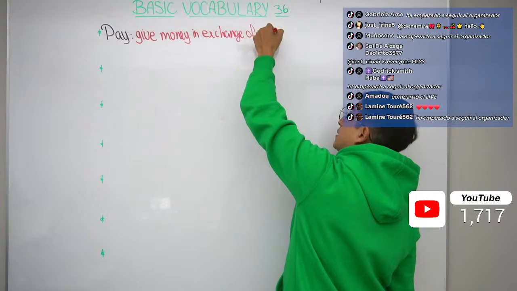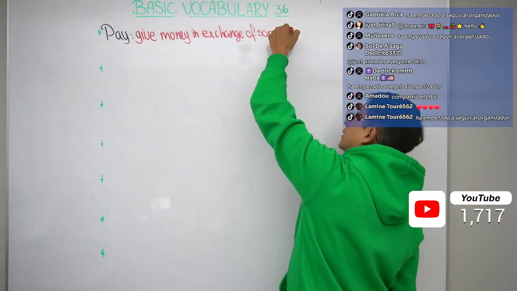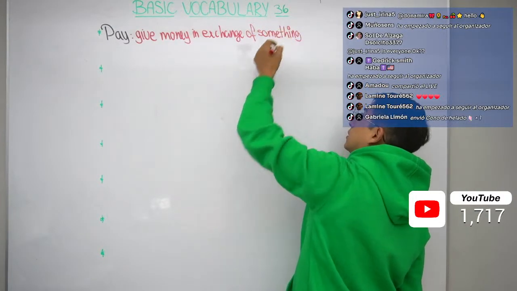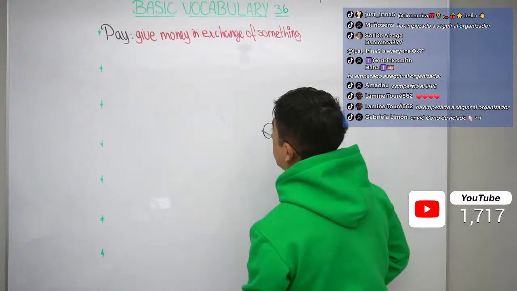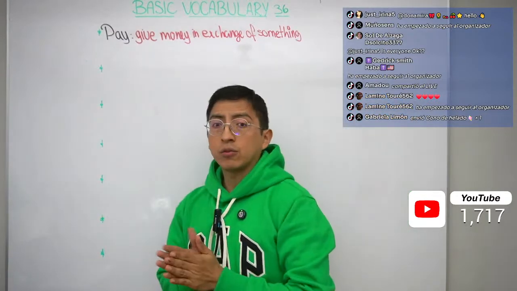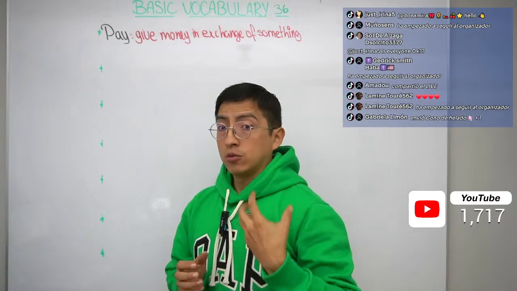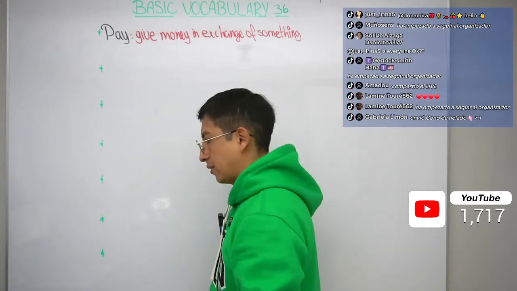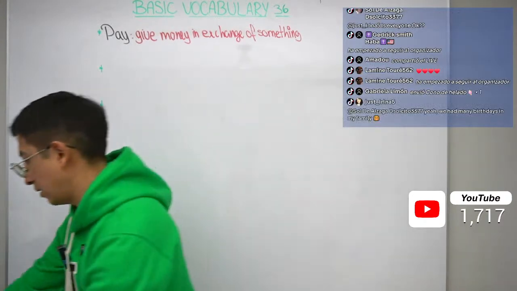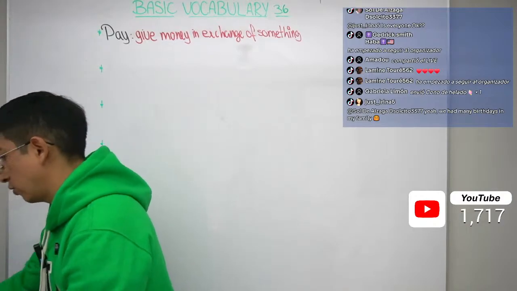You give money and you receive something. That is what pay means: to give money to receive something. Now, I'm going to give you some good phrases that you can use for this.